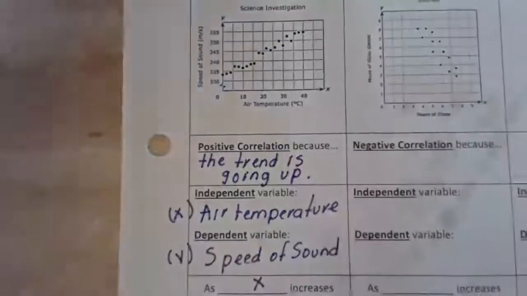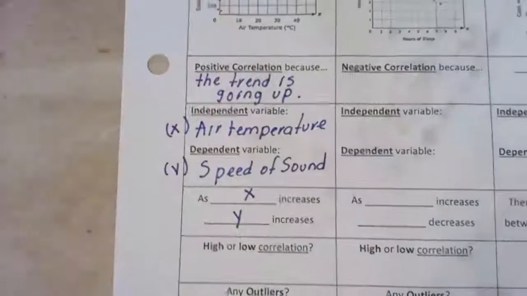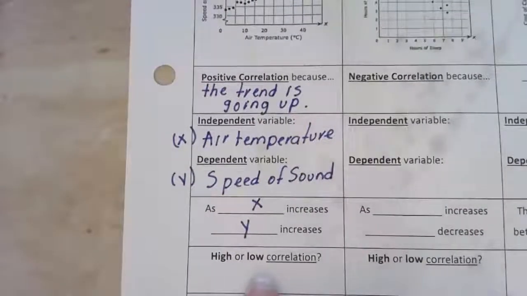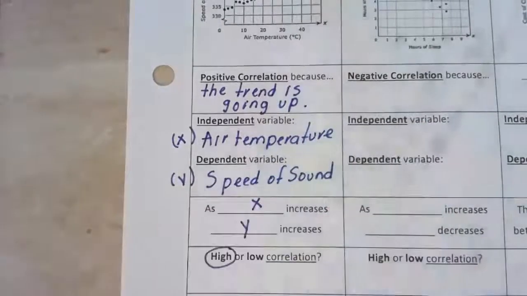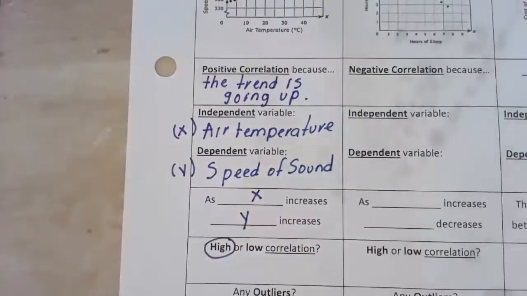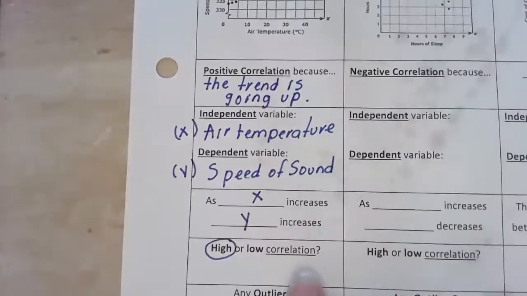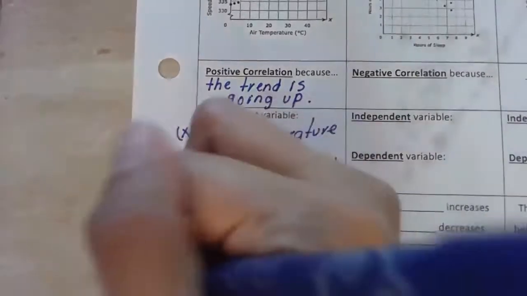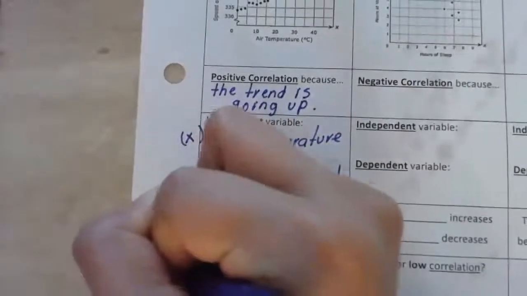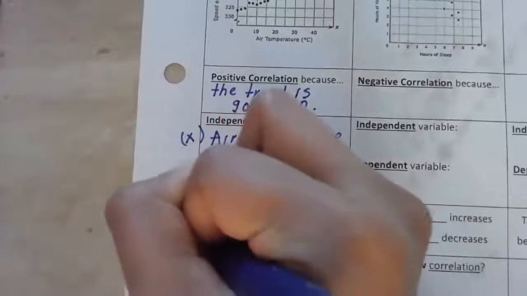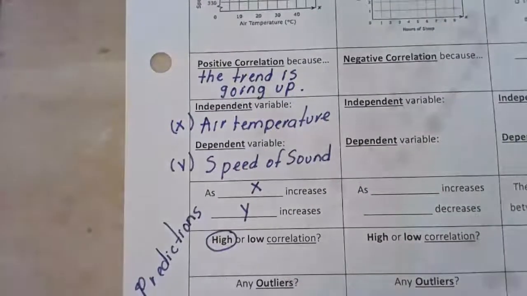So whenever the points that are plotted are close together, the scatter plot has a high correlation. And the correlation would determine if you could make any predictions, which we will talk about later. But correlation is very important.